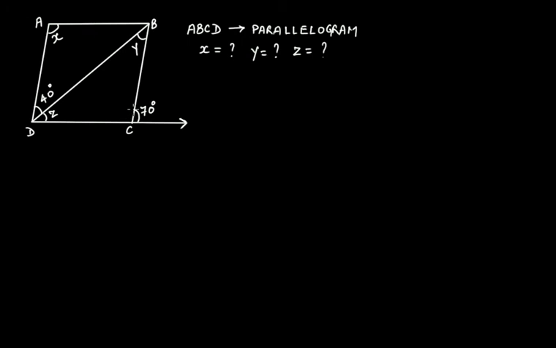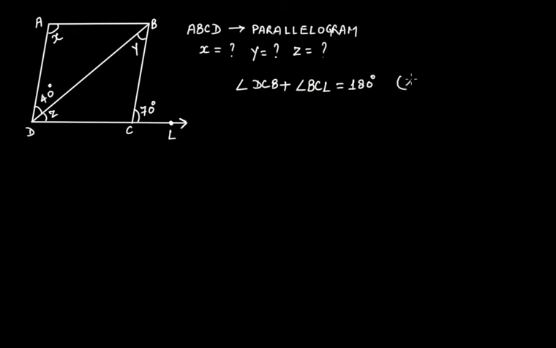So let's do it like this. Angle DCB plus angle BCL, let's take a point L here. Let's say this is a point L. Angle BCL is equal to 180 degrees.